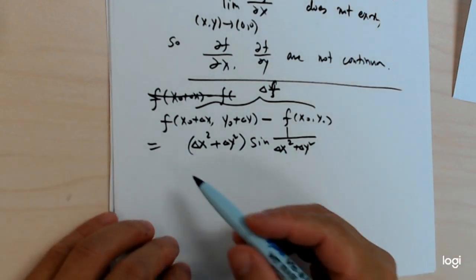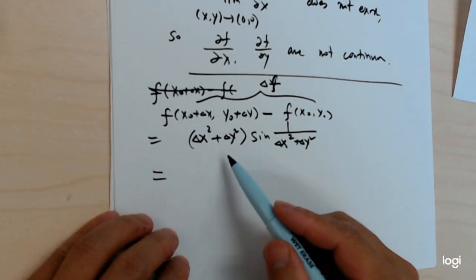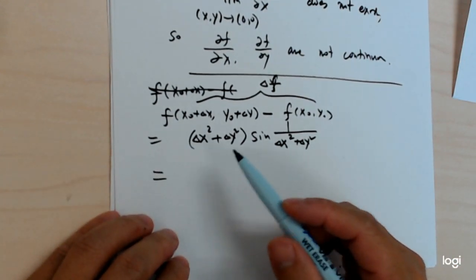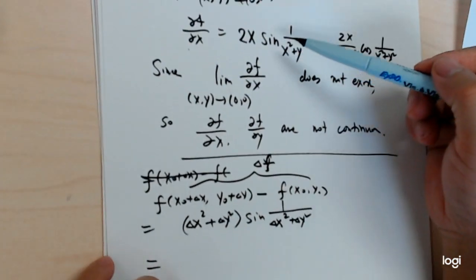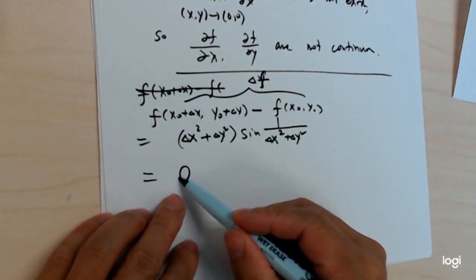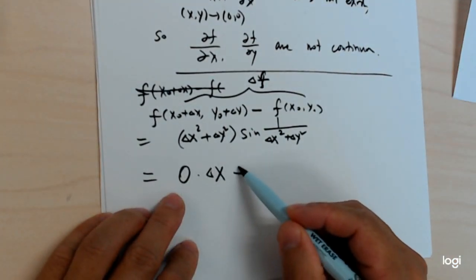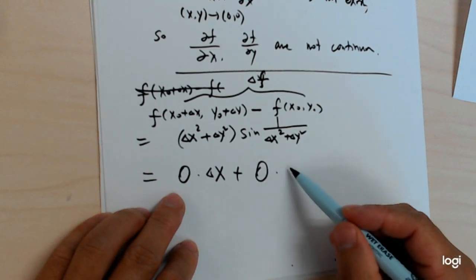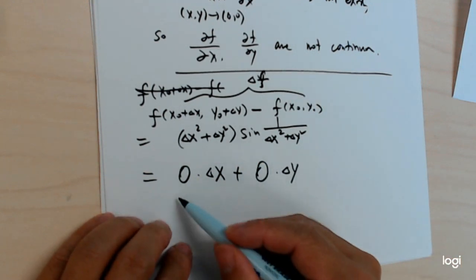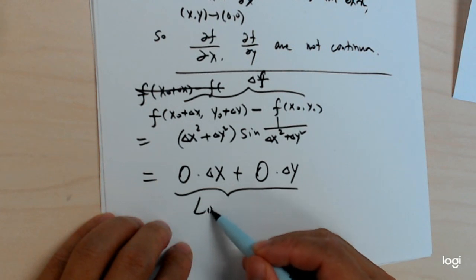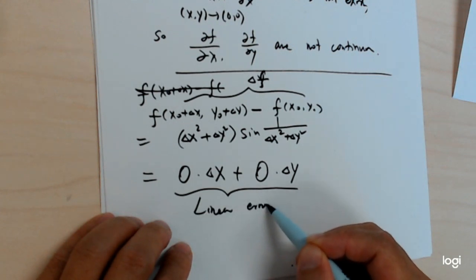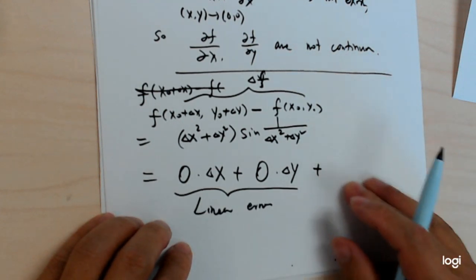So I want to somehow do the partial derivatives. The partial derivatives are all zeros. Use the partial derivative, which is 0, times delta x, plus partial derivative times delta y. So this is the linear error, plus some higher order terms.